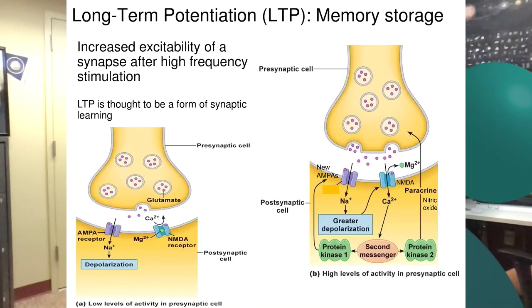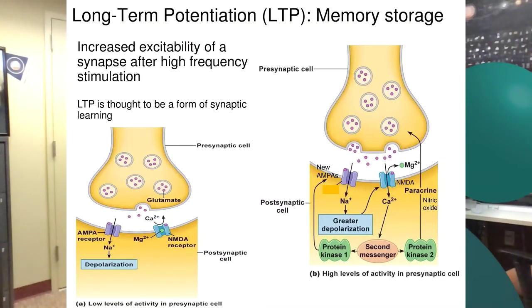The other pathway, going to protein kinase 2, what that does is it releases a paracrine signaling molecule. That paracrine molecule is actually nitric oxide. And nitric oxide gets released, and that stimulates the increase of glutamate to be released from the presynaptic cell.